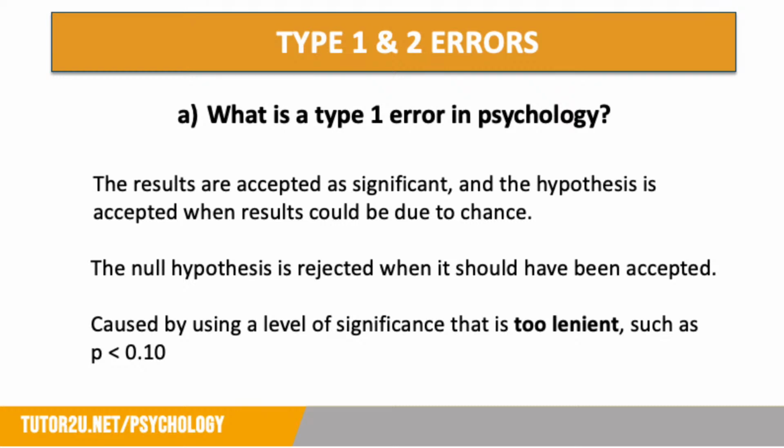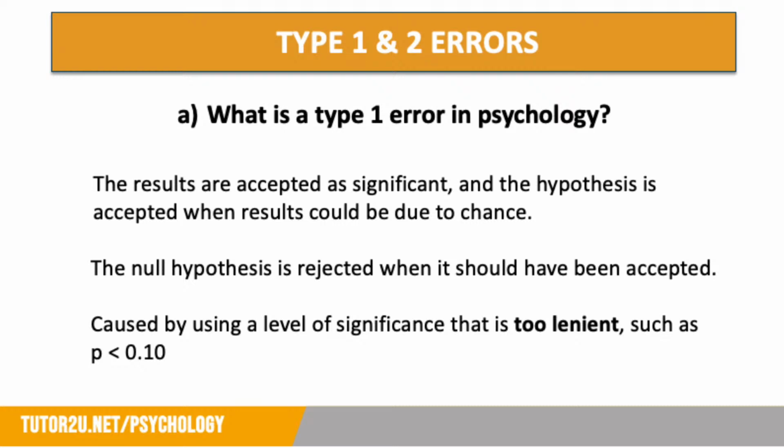A type 1 error might occur when the level of significance that we're using is too lenient. What I'm saying there is it's how much chance I have allowed into my results. At the 5% level, I've allowed 5% chance. At the 10% level, 0.10, I've allowed 10% chance. So I'm more likely to get a type 1 error if I allow more chance into my results. A type 1 error is often referred to as a false positive result.